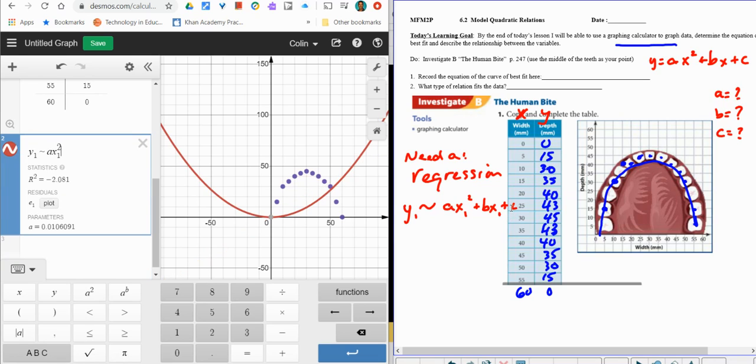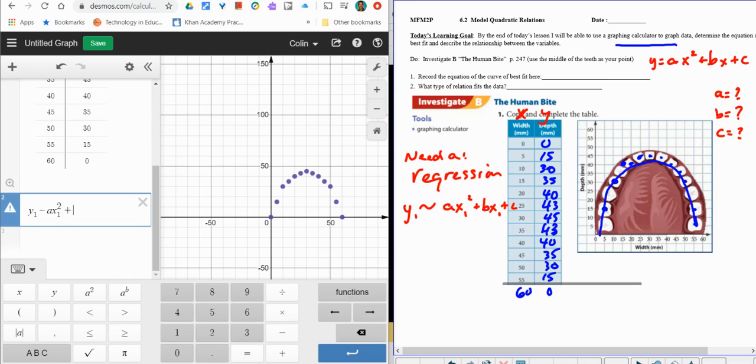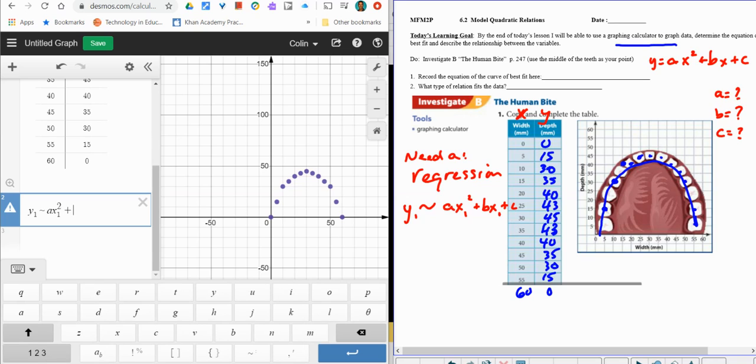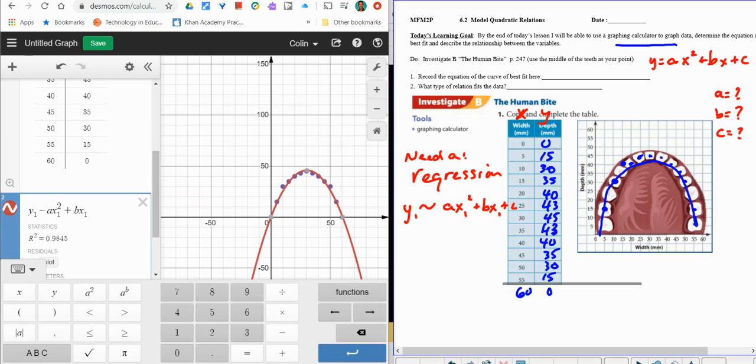But the square has to come after the 1. Okay, look, we already see a graph coming in here. Now, it's not the right one, but it's starting to interpret it. Now, plus b, so back to our keyboard, b and x, and remember, it still has to be x to the 1. You have to do that.